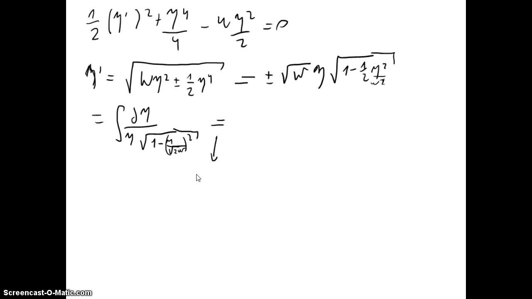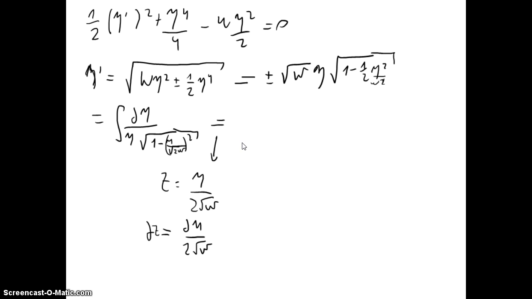For the next equality we make a change of variables: z equal to η/√(2ω), and dz will be dη/√(2ω).